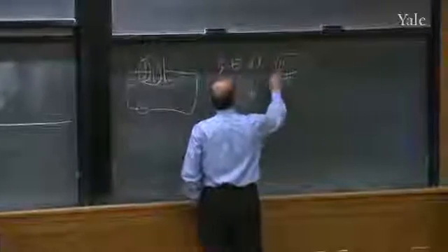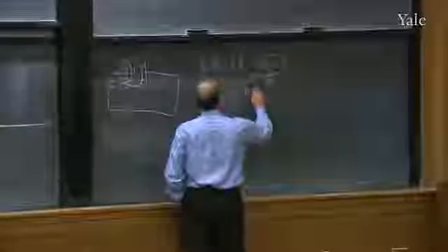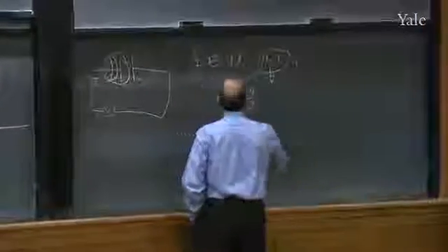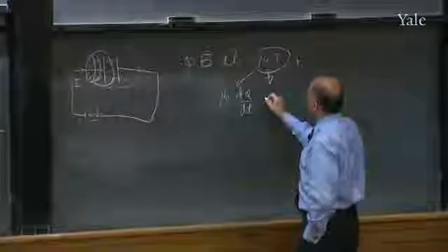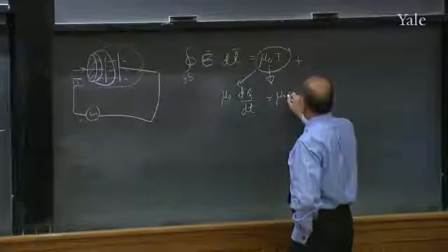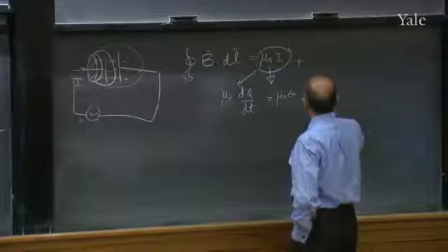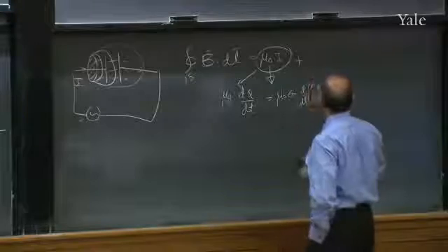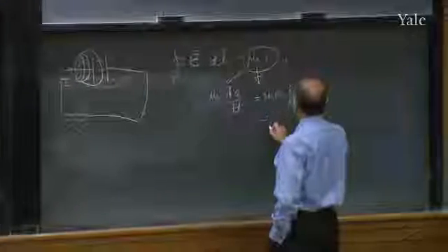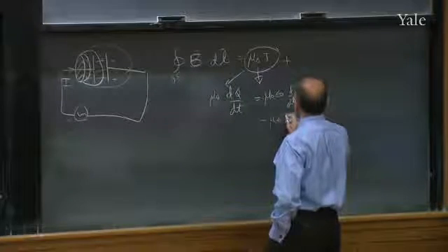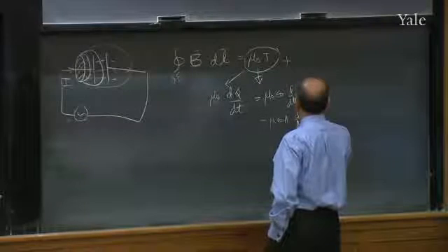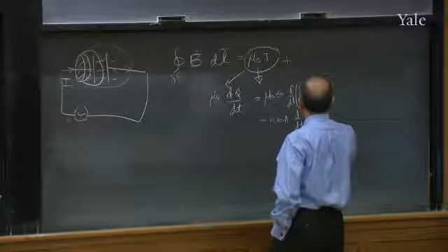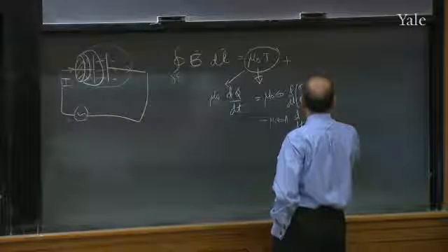So I'm rewriting the very same term. I is dq dt. Q is the charge in the capacitor. And let me write it as q over epsilon 0 d by dt, and let me write it as mu 0 epsilon 0 A d by dt of q over A divided by epsilon 0.